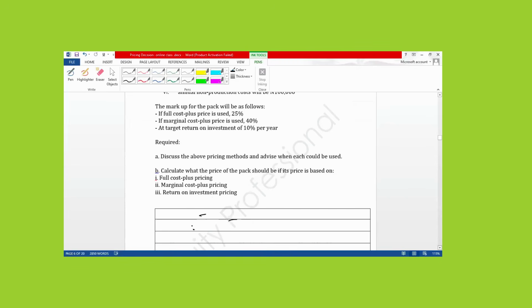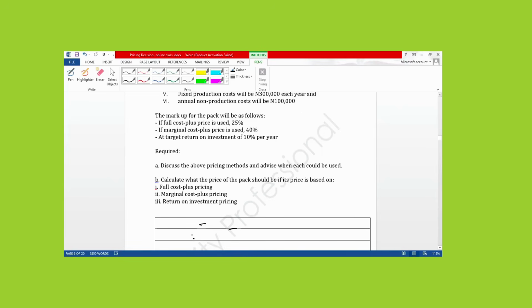Requirement A: discuss the above pricing methods and advise when each could be used. Part A is for 10 marks. You are required to discuss the above pricing methods and tell us when we can use each of these methods.